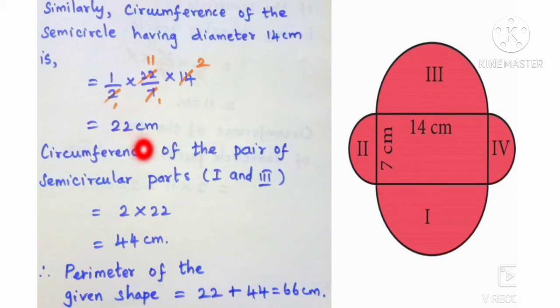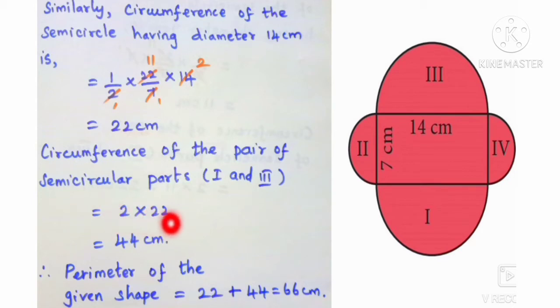So students, here we get circumference of one semicircle having diameter 14 is 22 centimeter. To get the circumference of the pair of semicircle parts 1 and 3, what we'll do? Again we have to multiply 2 with that value 22.